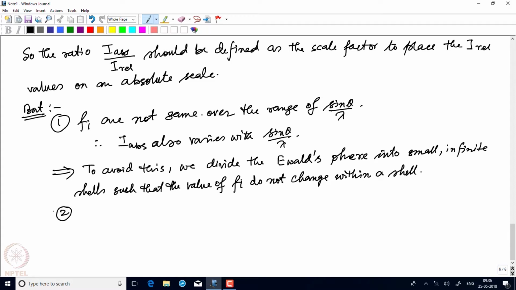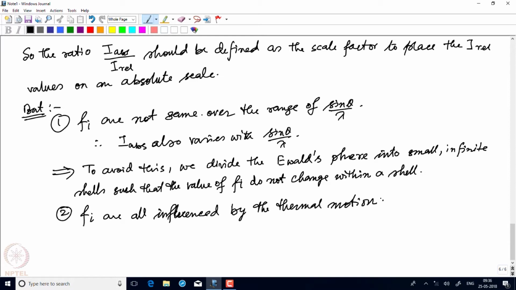And the second problem that we encounter is that, as we already discussed, Fi are all influenced by the thermal motion.